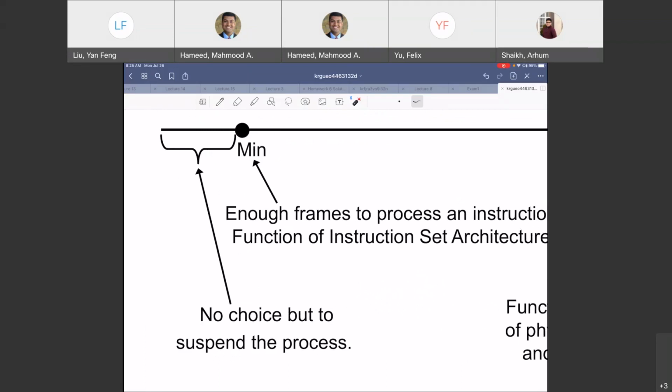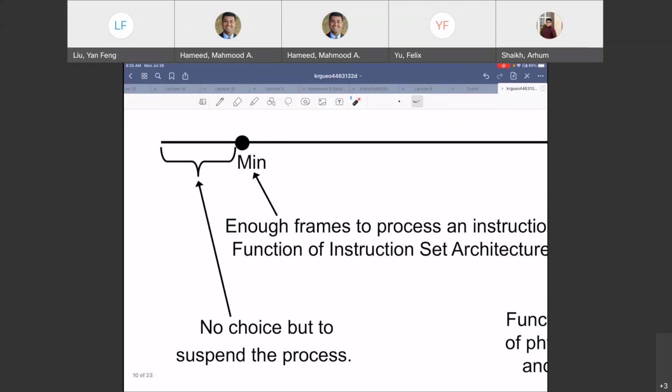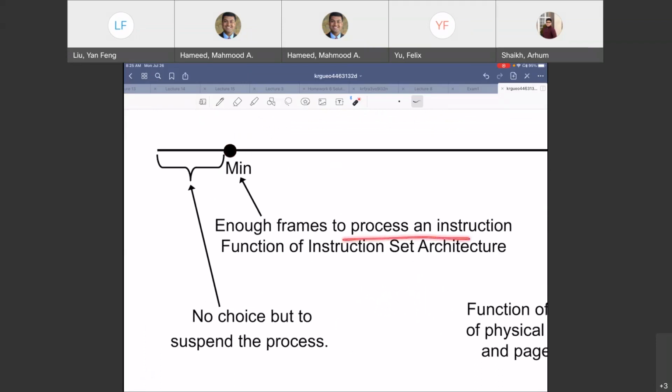Maybe the minimum is I need at least this many to start working on that process, something that is enough frames to process an instruction function from the ISA, to get started.